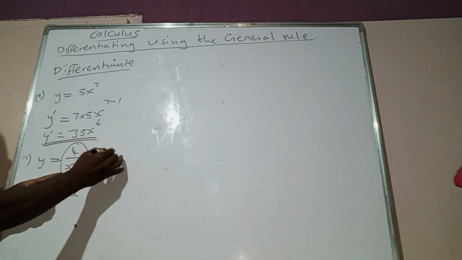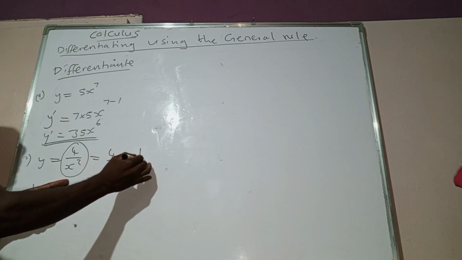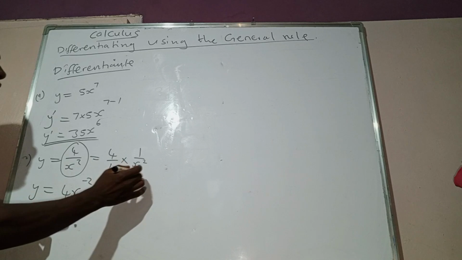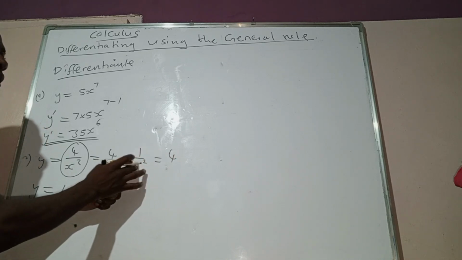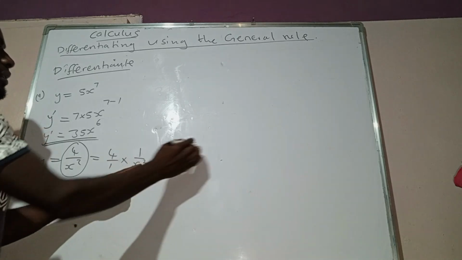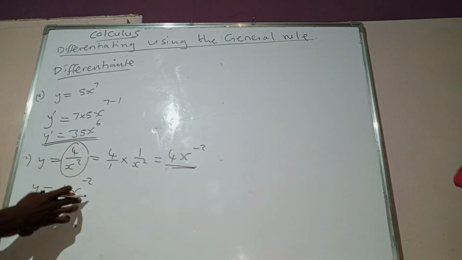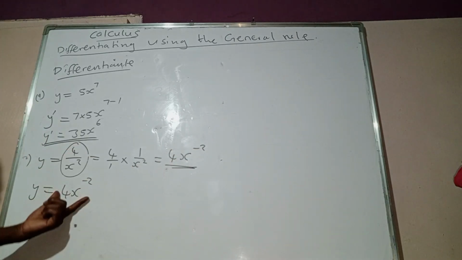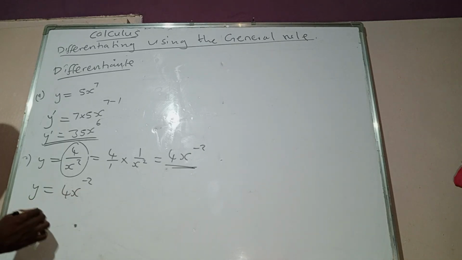This is the same as 4 over 1 multiplied by 1 over x squared. You know that 1 over x squared, when you take it into negative index, you are going to have x to the power negative 2. So we've changed this from a fraction into this form. From here we can nicely differentiate.